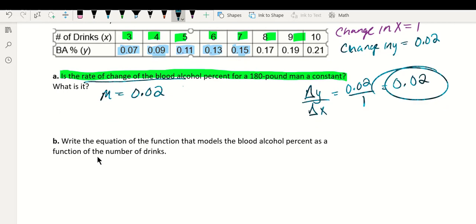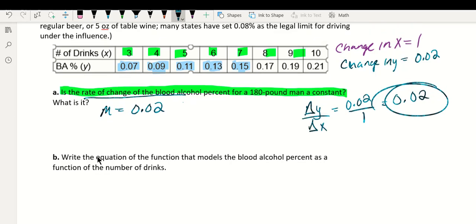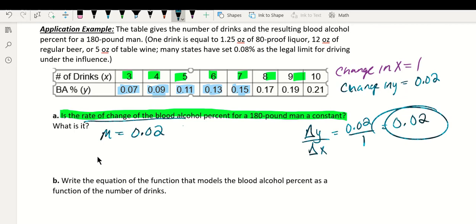Write the equation of the function that models the blood alcohol percent as a function of the number of drinks. You can select any one of these points. It does not matter, as long as you label your points and plug them into the formula. Again, the formula to find the equation is y minus y1 equals m times x minus x1.